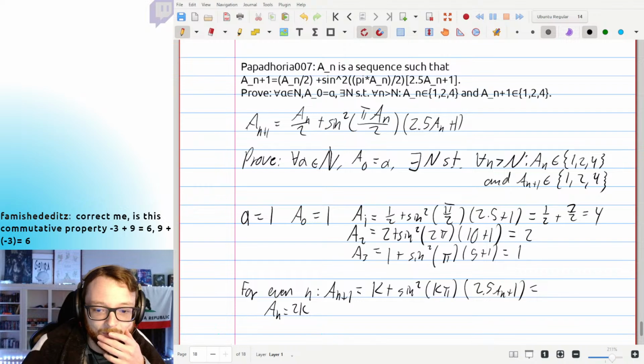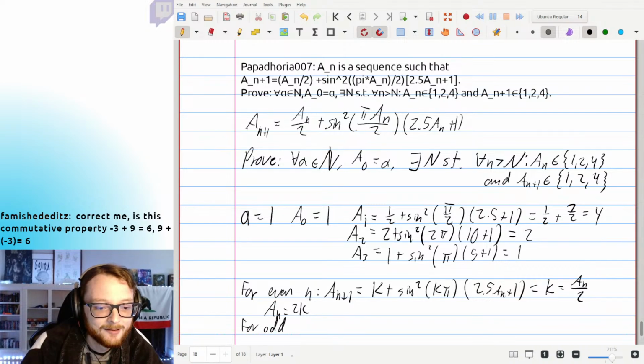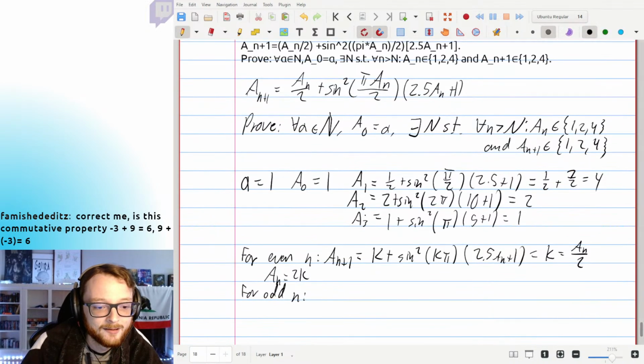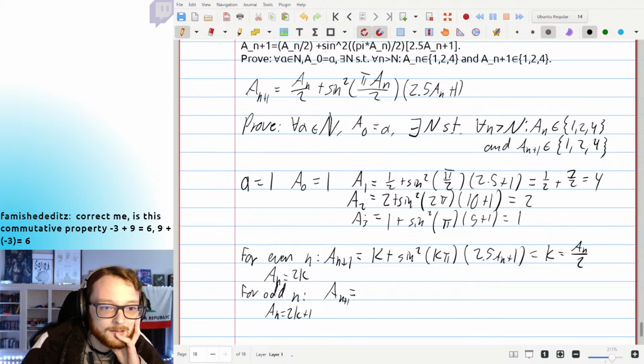And k is equal to a sub n over 2. Wow. K plus a half plus sine squared.